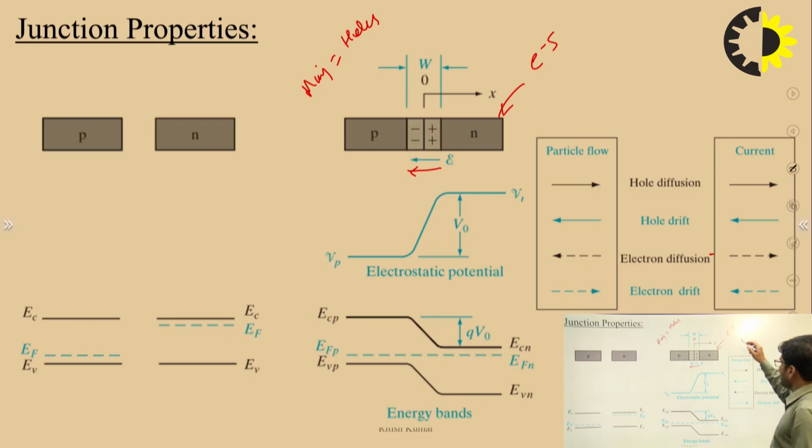You can clearly understand these flow directions by looking at this diagram. So these are the energy band diagrams for the PN junction diode. I hope how it generates is clear to all of you.